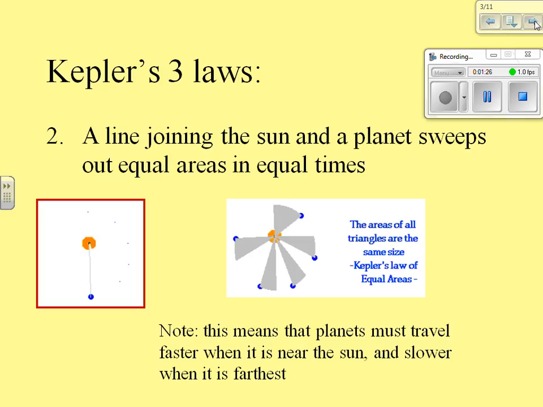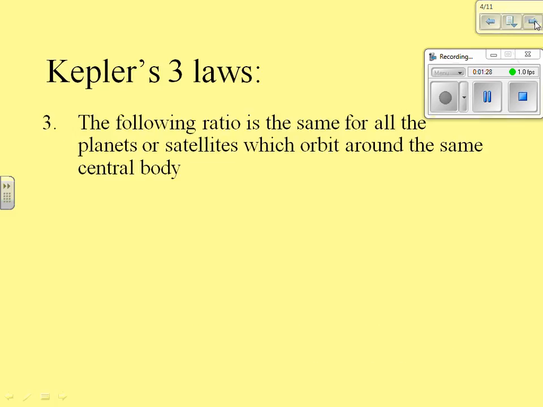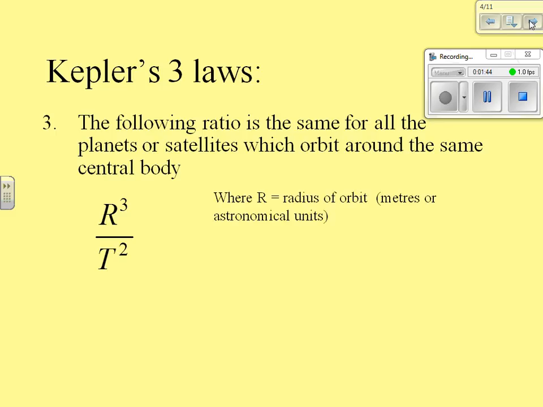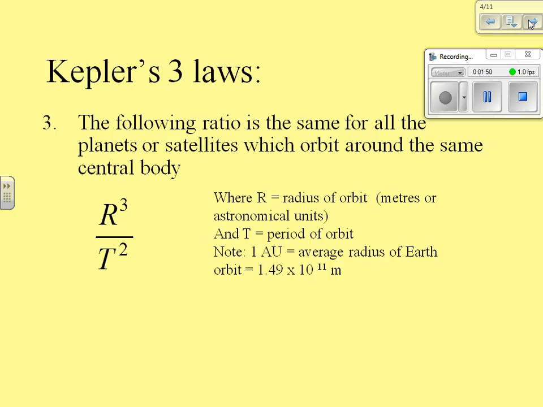Okay. So the following ratio is the same for all planets or satellites which orbit around the same central body. This was Kepler's third law: r cubed over T squared is the same for everything that orbits something, where r is the radius of orbit, either in meters or astronomical units, and T is the period. 1 AU is the average radius of the Earth's orbit, 1.49 times 10 to the 11 meters.